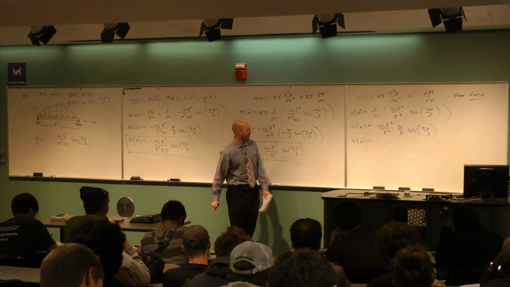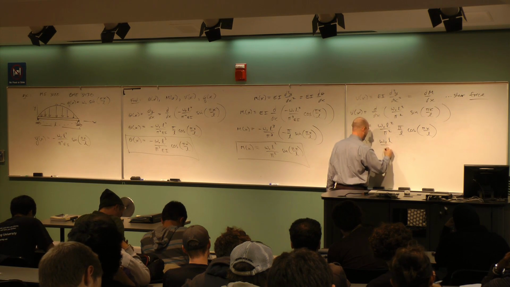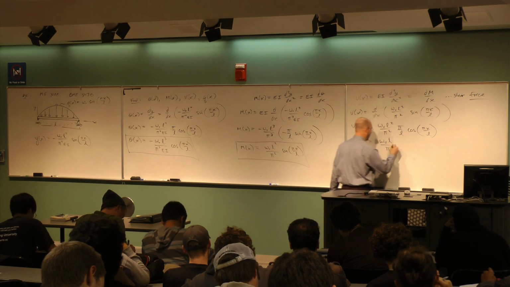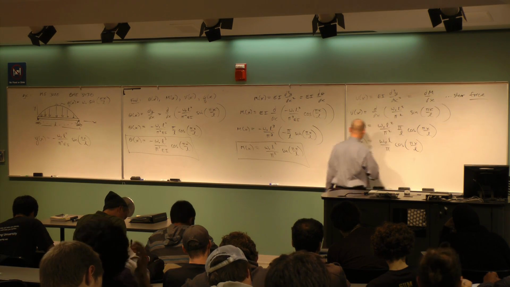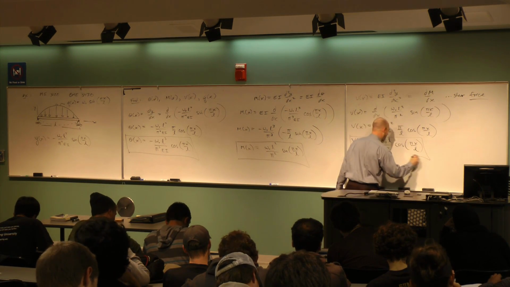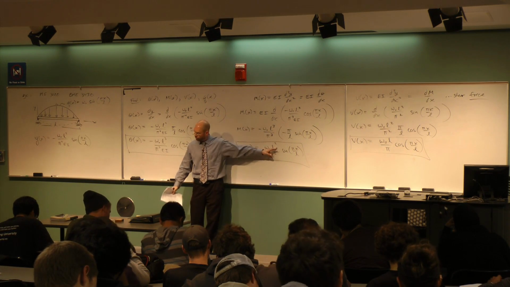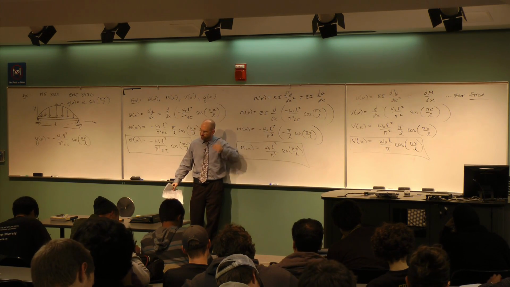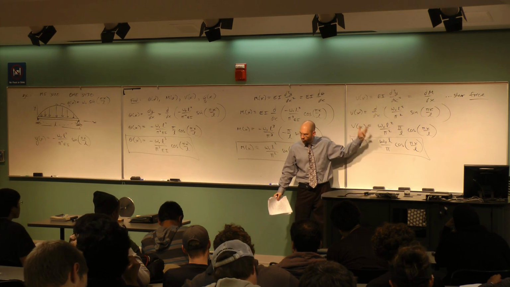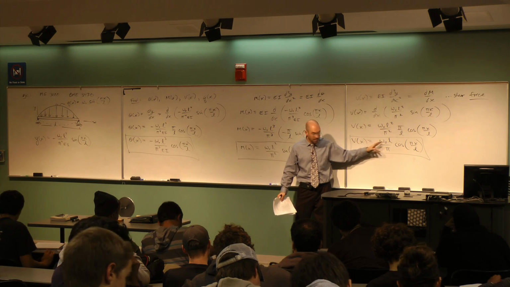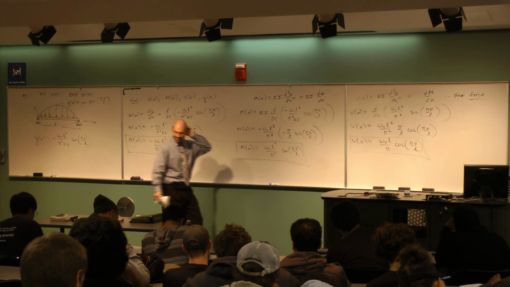I can cancel one pi and one L, right? So I get W naught L over pi, okay, times the cosine pi x divided by L. And I can do a sanity check on these units, because if moment had W naught L squared, and moment is force times distance, then force needs to have one less distance, W naught times L, passes a sanity check, right?